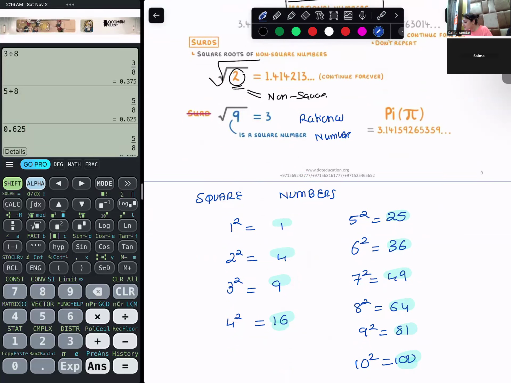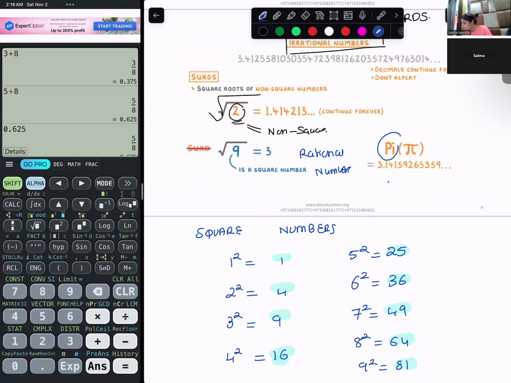Okay? When I talk about pi, the value of pi is 3.14159265355 and so on. That means the decimals continue forever and they don't repeat. There is no pattern of repetition. So this becomes an irrational number.